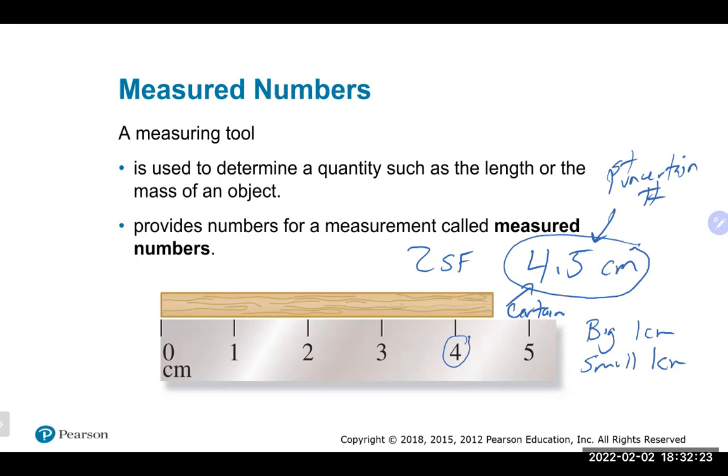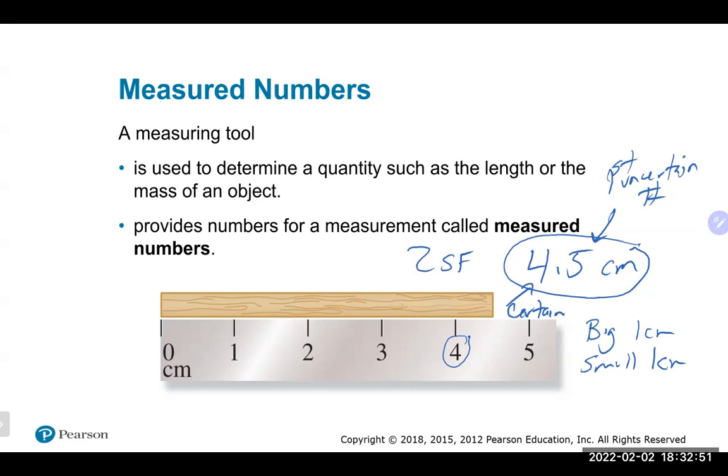And when you do that, all those numbers are what are referred to as being significant. That's how we get it. So both of these numbers here are considered significant and they are referred to as significant figures. So whenever you take a measurement, all the certain numbers plus the first uncertain number is basically your definition of what significant figures are in a measurement.